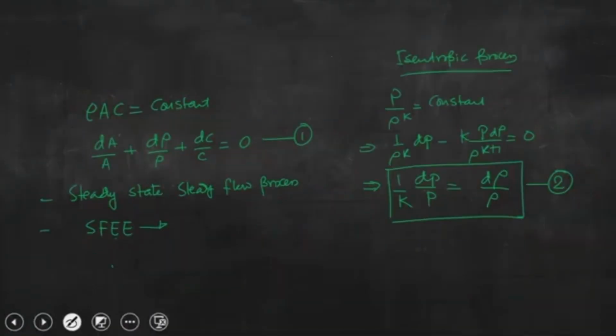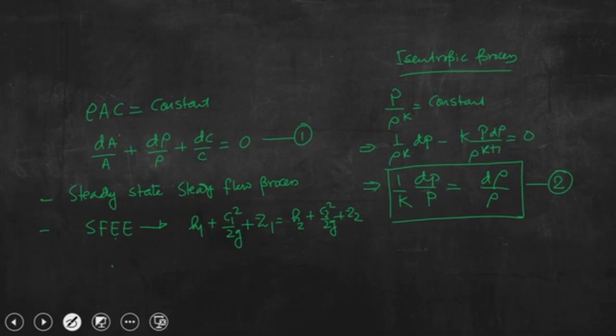Now, if we write this equation, we will be getting H1 plus C1 square by 2 plus Z1 equal to H2 plus C2 square by 2 plus Z2, right, that we can write. I can write 2G because I made one mistake. So, this is the equation, right.